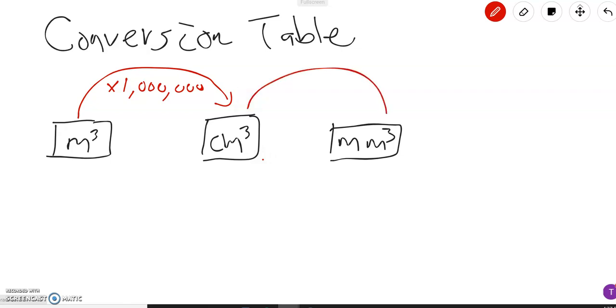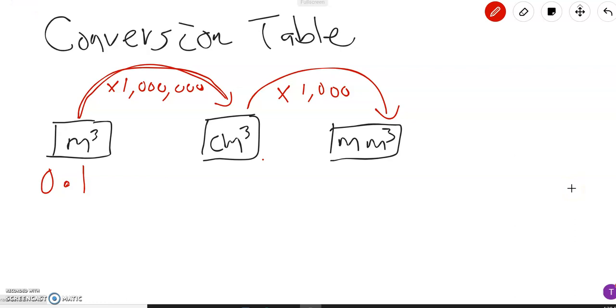So when we convert something that's in cubic centimeters to millimeters, the change is by 1,000. Now remember, when we convert from meters to centimeters, the number is going to increase, because let's just say we measured something and it was 0.1 cubic meters.